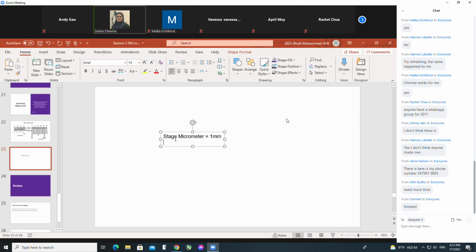So for 10x, we knew that 32 ocular divisions equaled 40 stage divisions. And we know that a stage micrometer equals 1 millimeter that has been divided into 100 units. So each unit is really 0.01 mm.